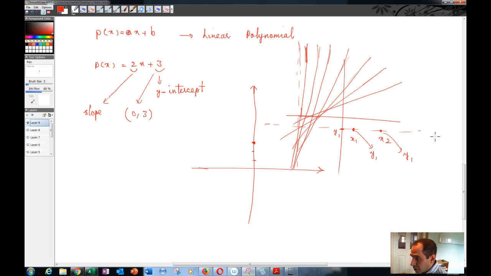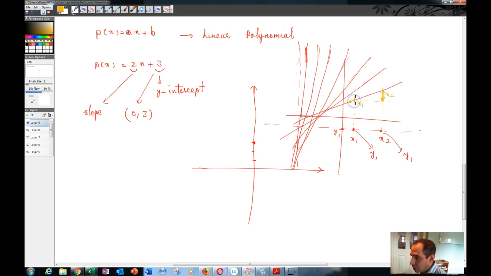And then, for example, if you come to this polynomial over here, if I take the same x1 and the same x2, you see that relative to x1, at x2 you have some sort of elevation for the output.